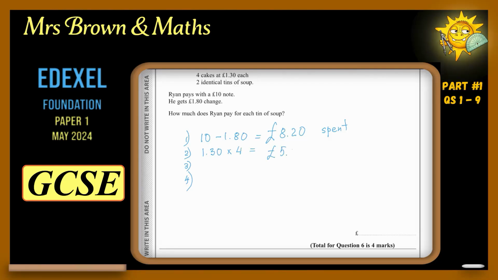Right, so he spent £8.20. And let's work out how much the cakes cost. £1.30 times 4, he paid for cakes £5.20. Right, third step, third mark. 820 he spent, take away 520 for the cakes, and it means he paid £3 for soup, but there were 2 tins.